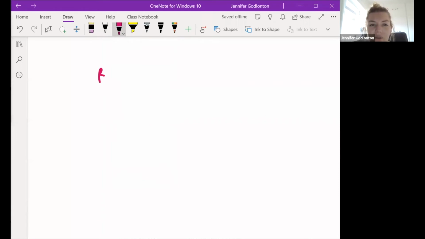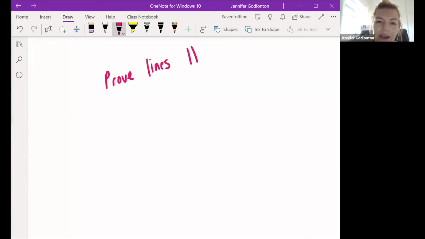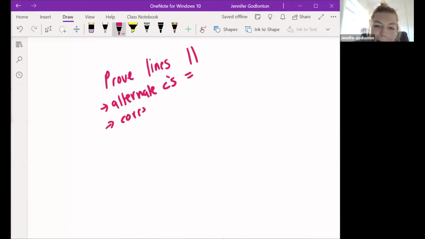If we're trying to prove that lines are parallel, we have to prove that alternate angles are equal, or corresponding angles are equal, or co-interior angles equal 180.